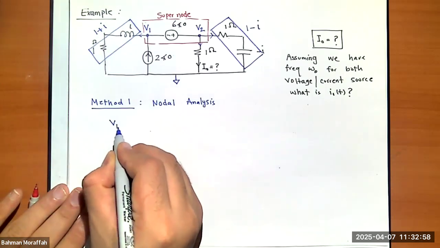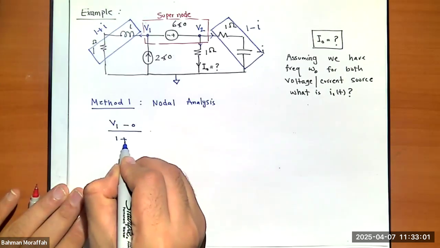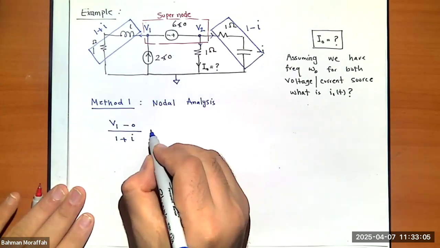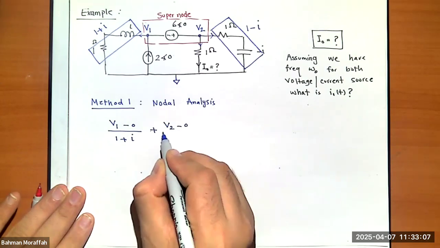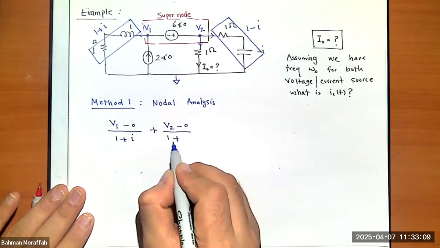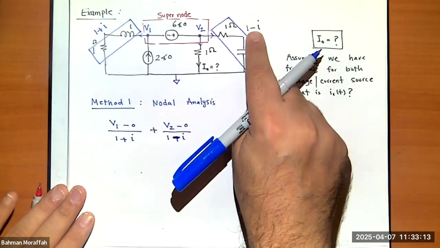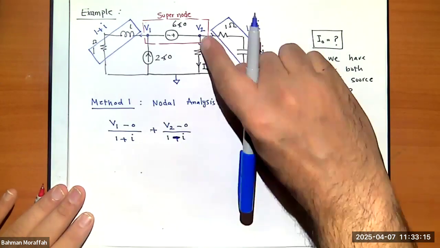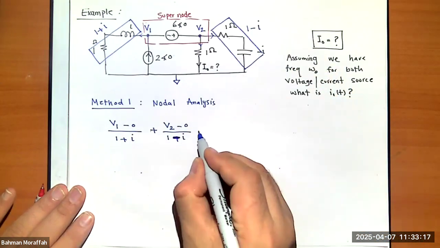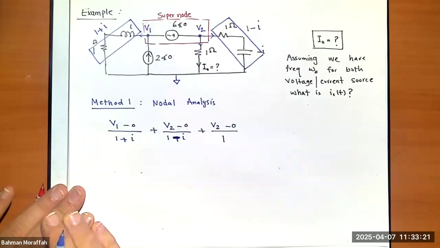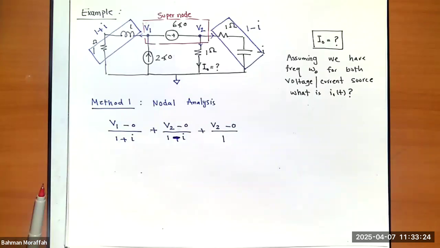That is V1 minus 0 divided by 1 plus i. What is this current? It is V2 minus 0 divided by 1 minus i. The value of the resistance is 1 minus i. What is this current? V2 minus 0 divided by 1. So that's the currents that are going out.